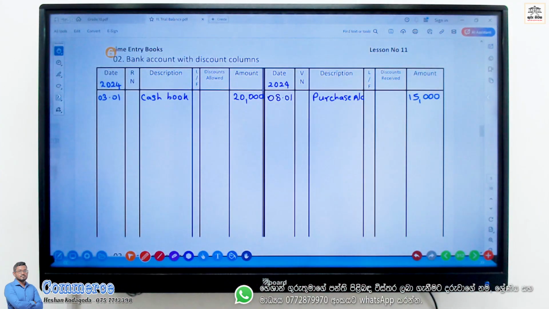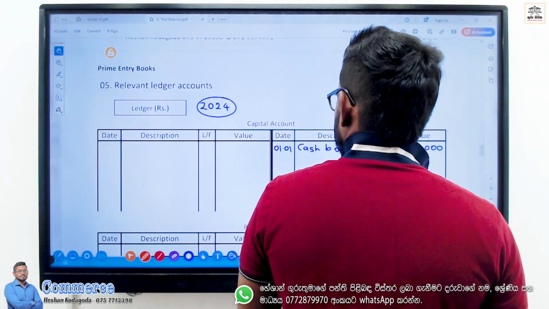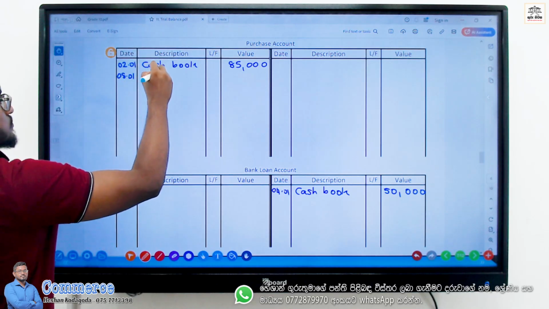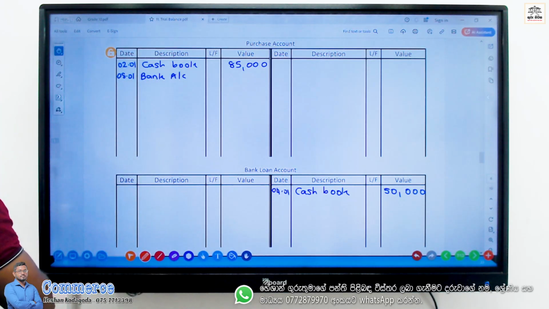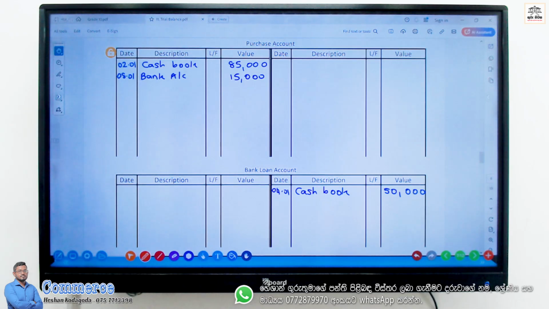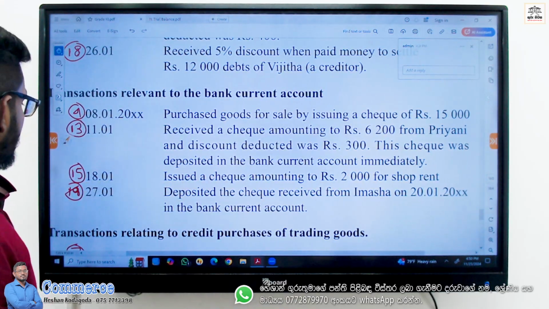Then go to the purchase account debit side. 8th of January, bank account, 15,000. Right? Okay. Next one. Number 9 done.